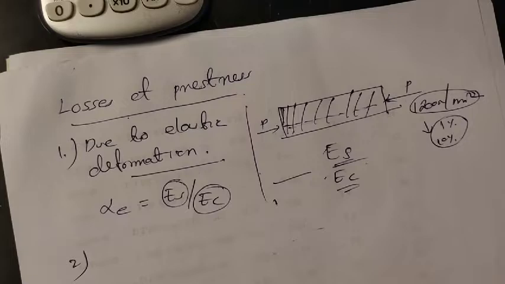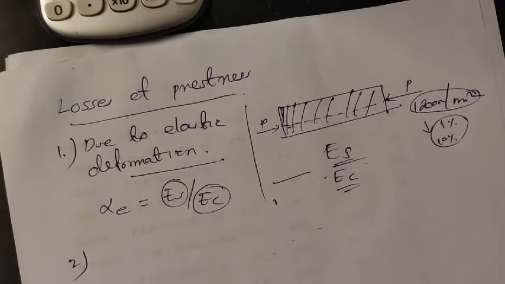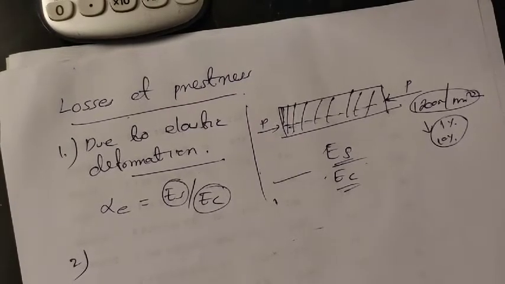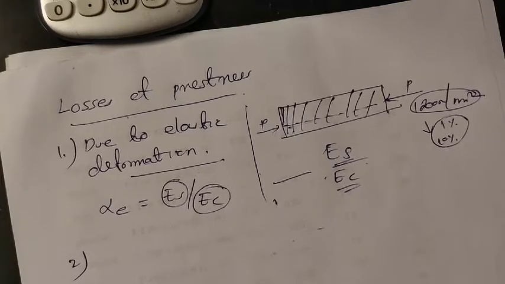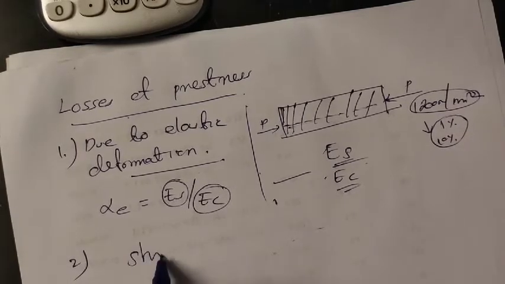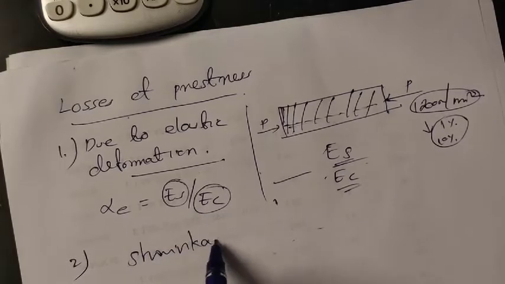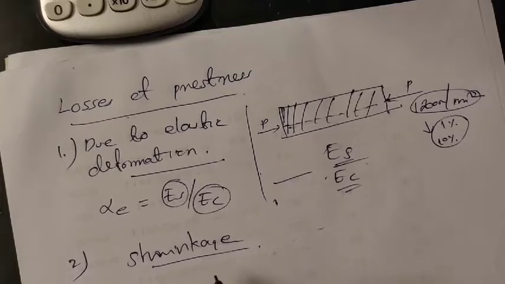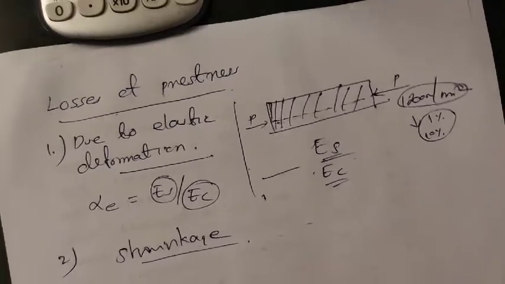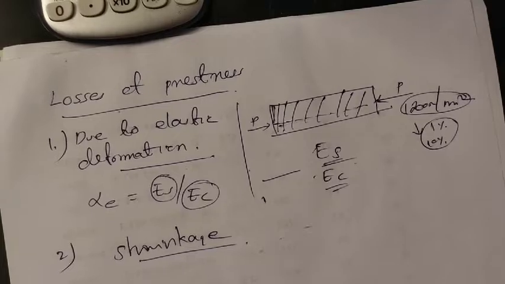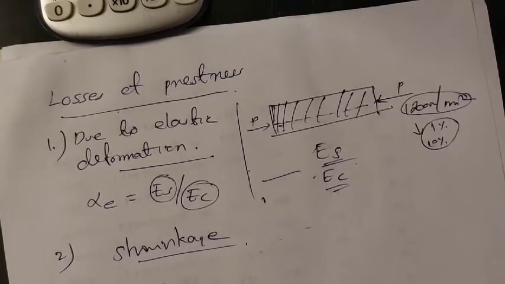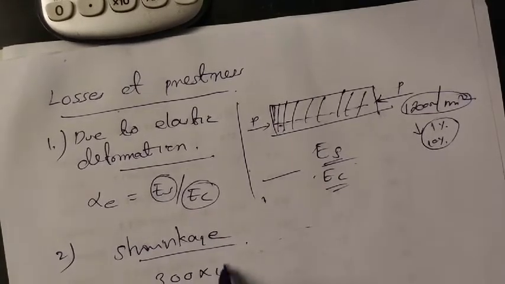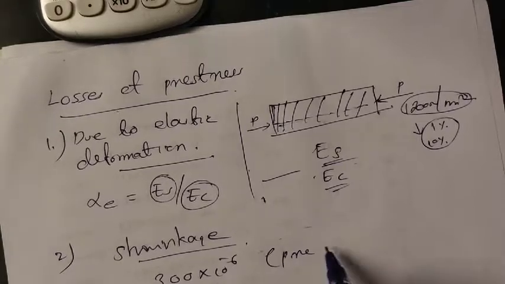Then the second case is losses due to shrinkage of concrete. The concrete shrinks when it is loaded or after 28 days of curing. In pre-tensioning, the shrinkage value is 300 into 10 power minus 6.